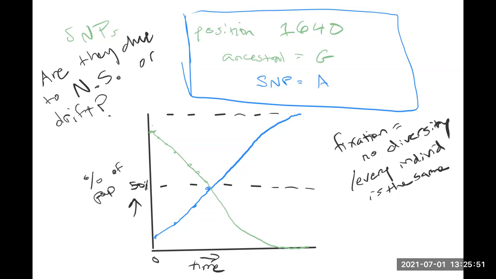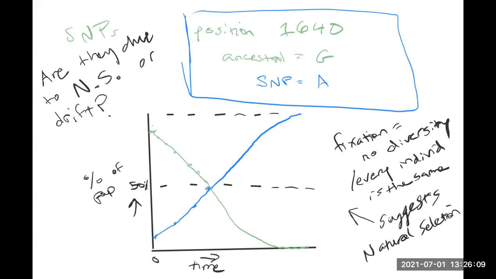So this is a piece of data that might suggest that natural selection is working here, and that this is not just due to drift.